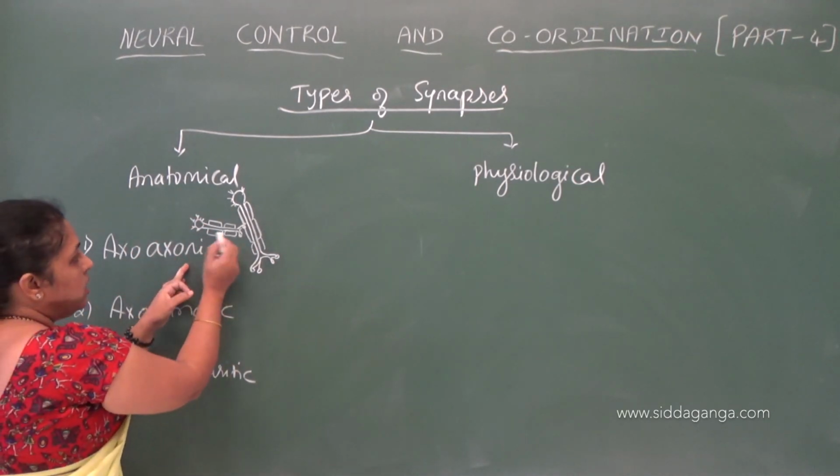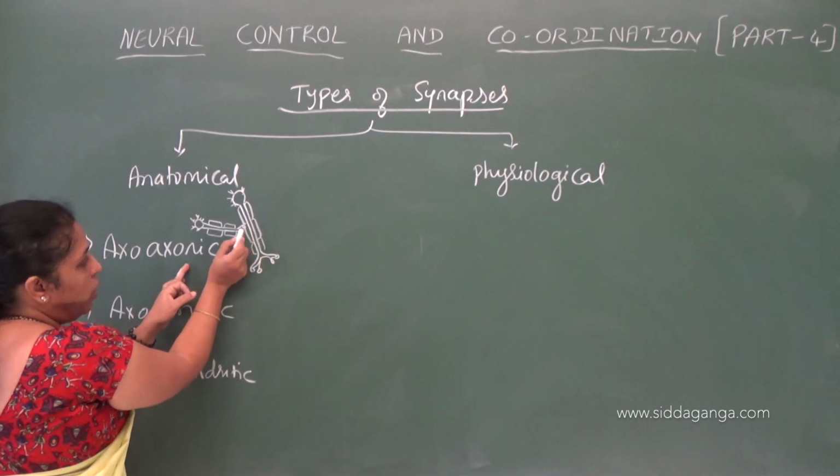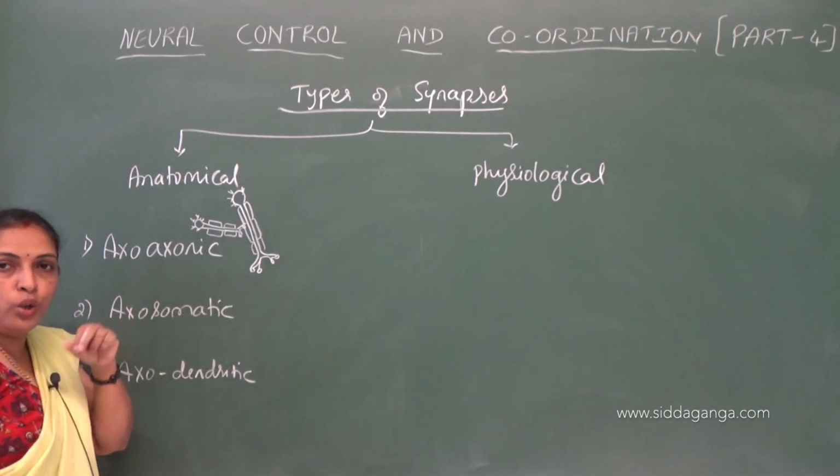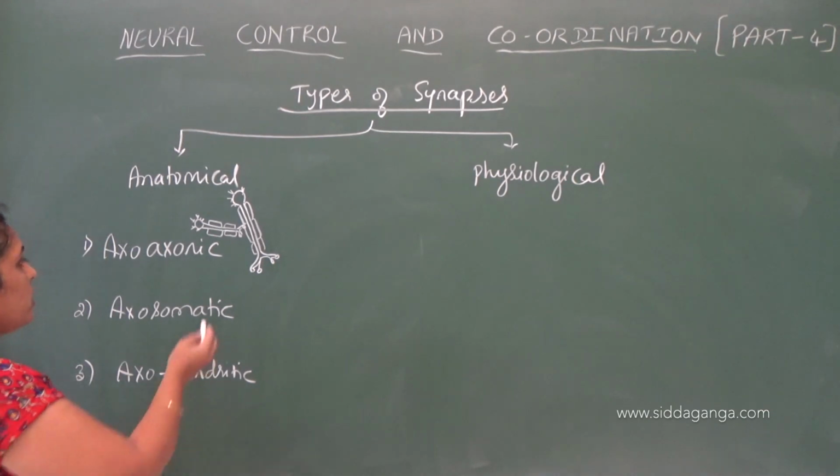Axo-axonic means there is a synapse between the axon of one neuron and the axon of another neuron, which is less common.